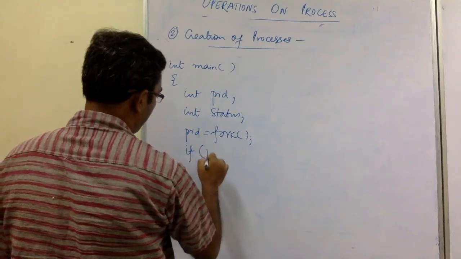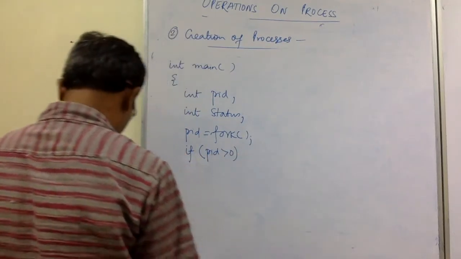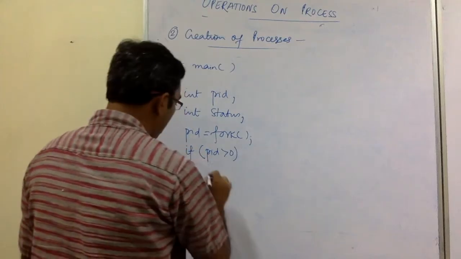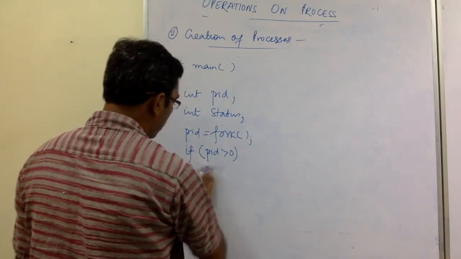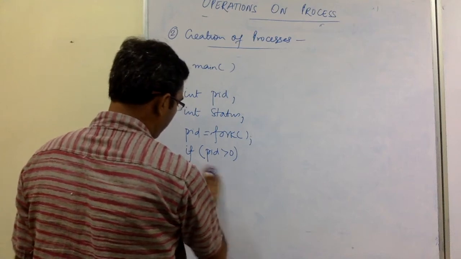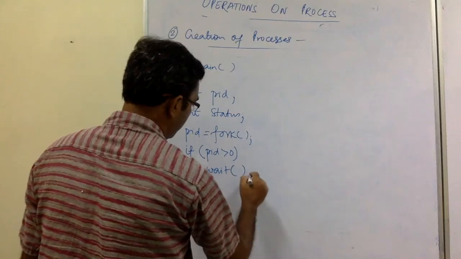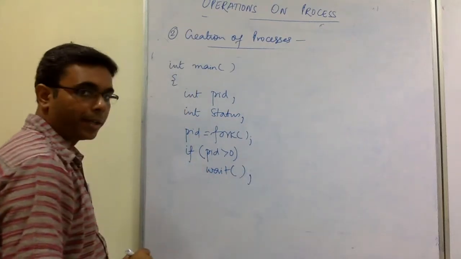Now we check whether PID is greater than 0. If it is greater than 0, we know that it's the parent, and what we will do is use a system call called wait.